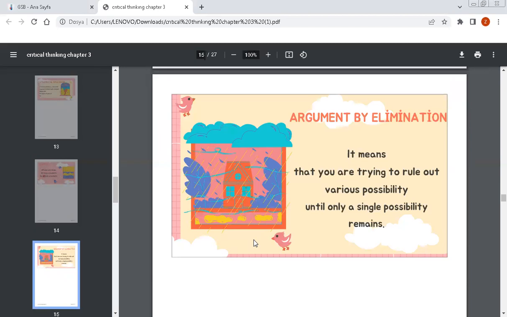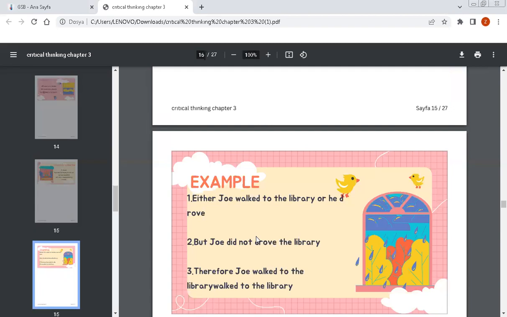The third one is argument by elimination. It means that you are trying to rule out various possibilities until only a single possibility remains. For example, either Joe walked to the library or he drove, but Joe did not drive to the library, therefore Joe walked to the library.